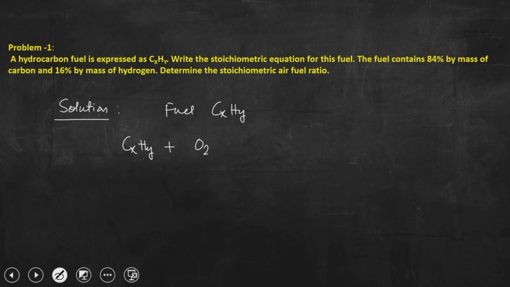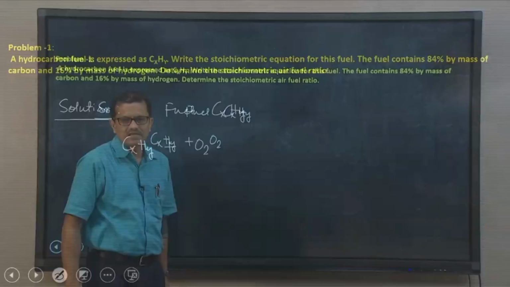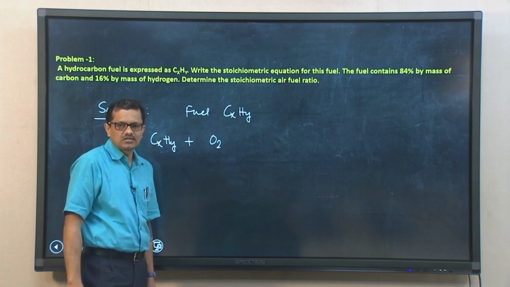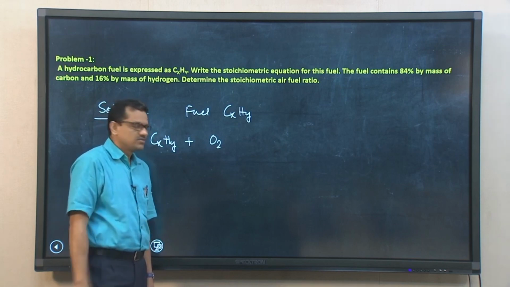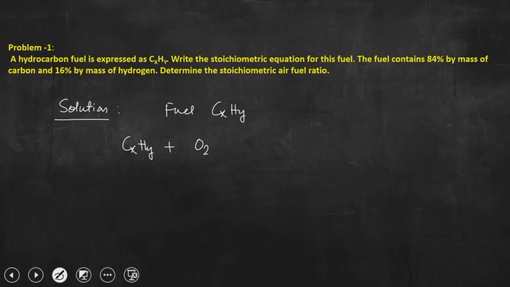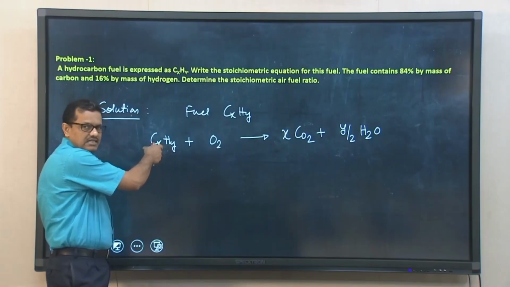Other constituents present in the air will create several combustion gases, NOx, SO2, etc. Now, if we write the equation, products are x CO2 plus y by 2 H2O. So, this is the chemical reaction. I have written it considering the carbon and hydrogen on the left hand side.